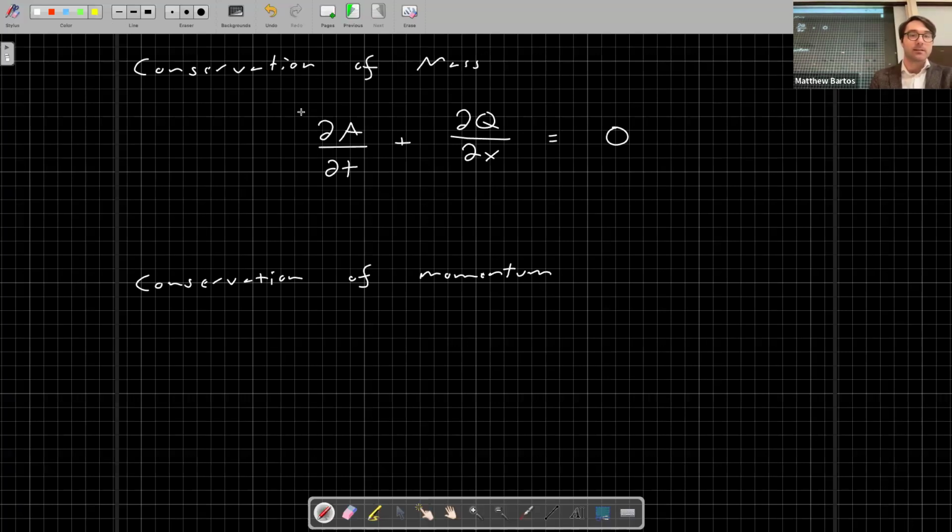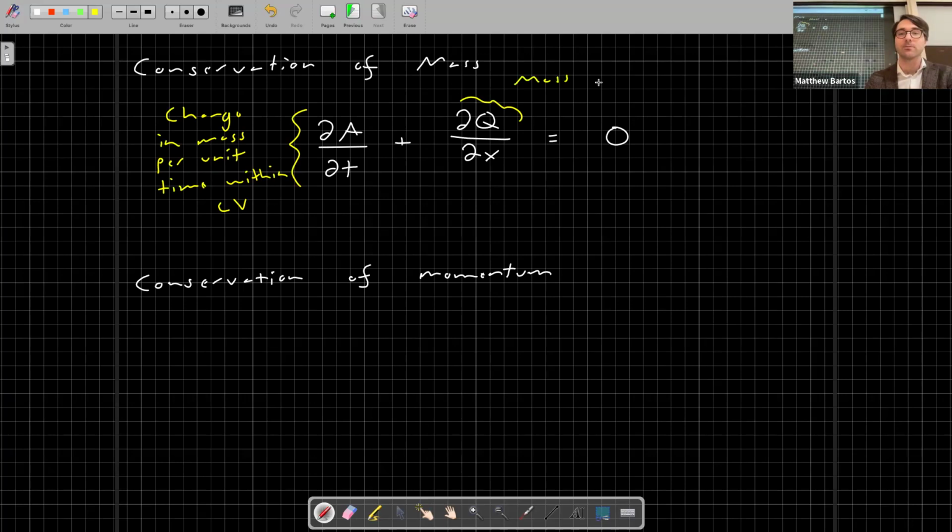So again, this means the change in mass or volume per unit time within our control volume. dq by dx, this is our mass flux or volume flux through the control volume.